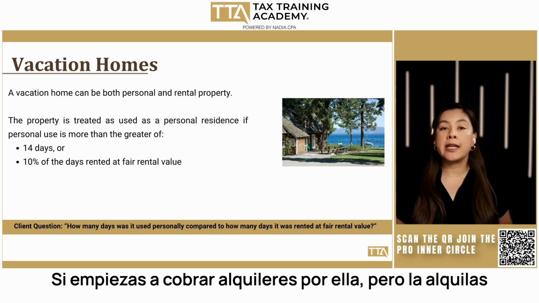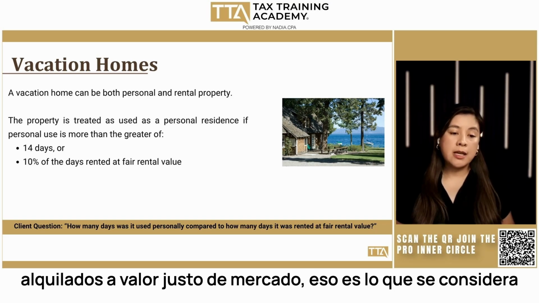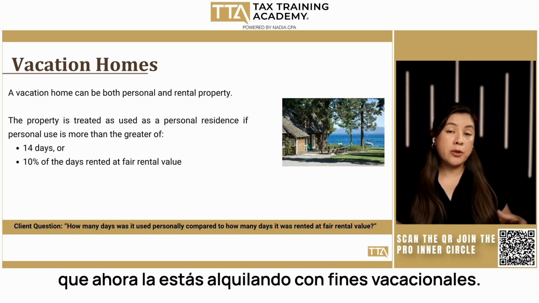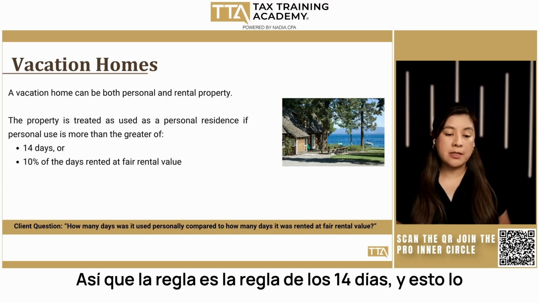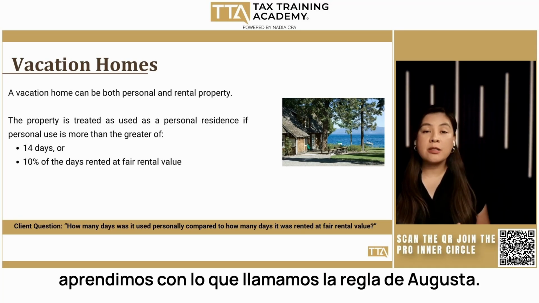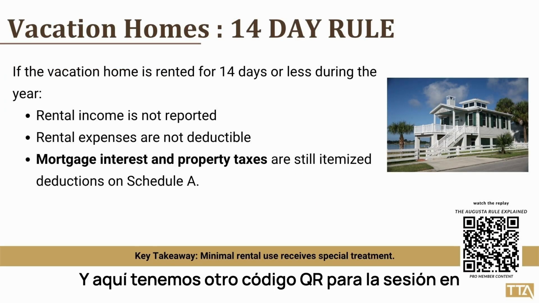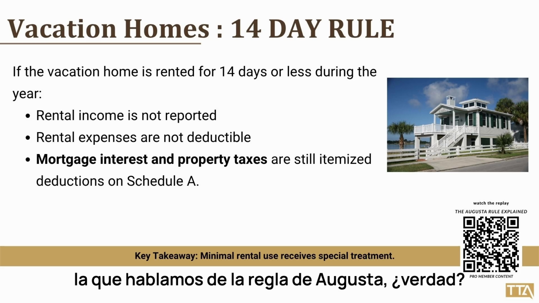If you are starting to collect rents from it, but you rent it for the greater of 14 days or 10% of the days rented at fair market value, that is what's considered now you are renting it for vacation purposes. So the rule is the 14-day rule. And we learned this about what we call the Augusta rule. And here we have another QR code for the session that we talked about, the Augusta rule, right?